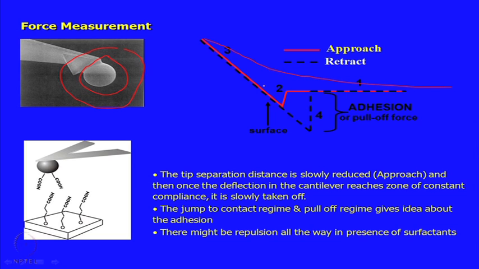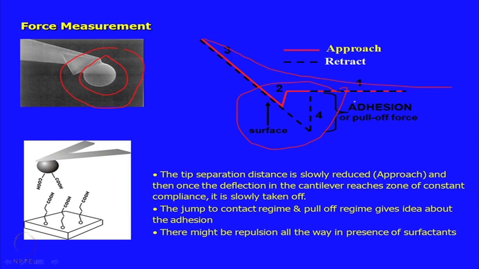This type of force can be measured and quantified, and it can give you an idea about the adhesion of the surface as well as the nature of interaction between the two surfaces. Firstly, by looking at the nature of the curve, one can find out whether the interaction is attractive or repulsive, and second, if it is attractive, one can find out the pull off distance, the extent of adhesion based on the hysteresis.